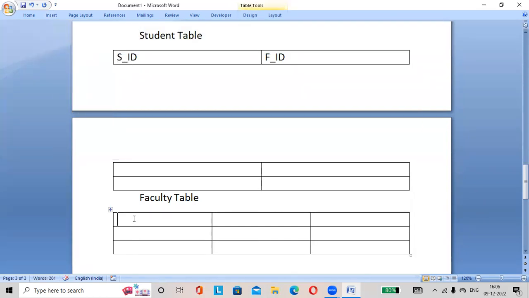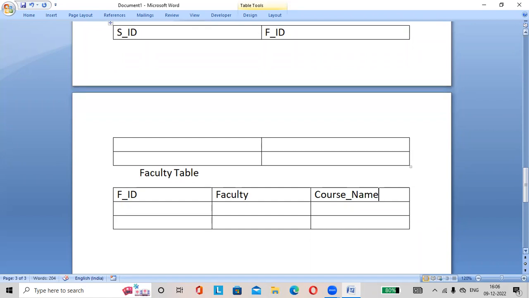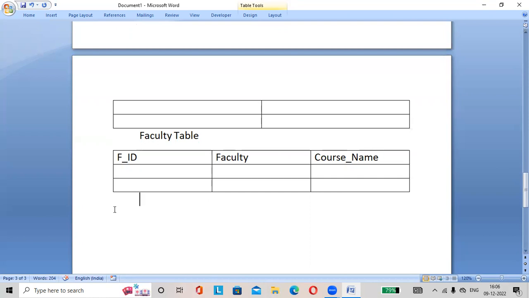Here, faculty ID, course name. So by breaking this table, easily we can find the data. Now the table is converted into BCNF.